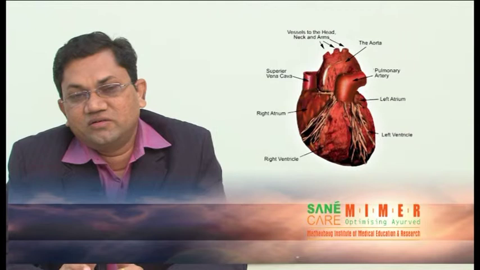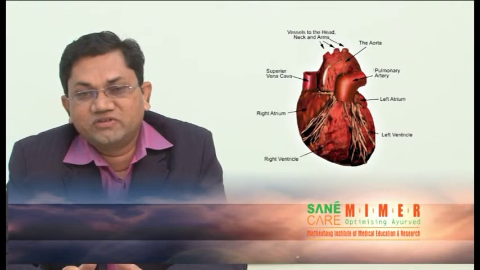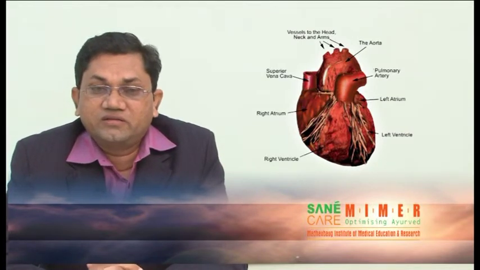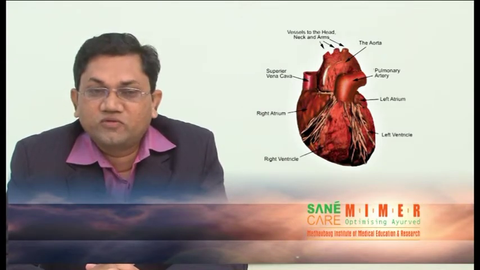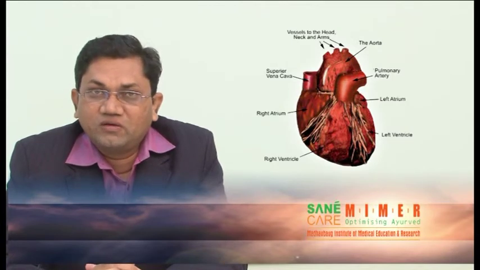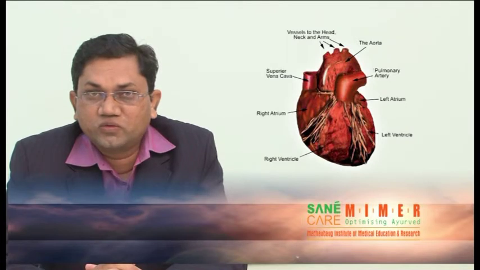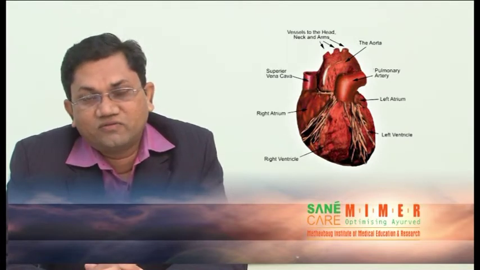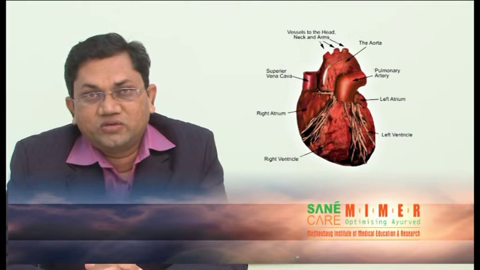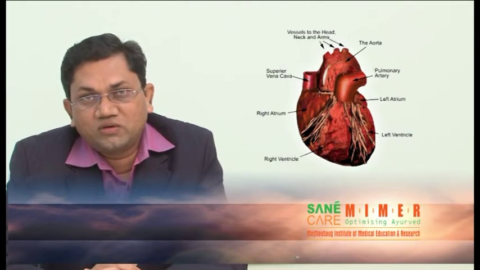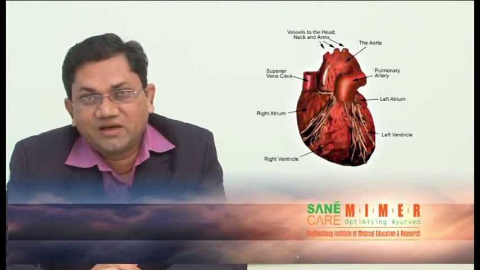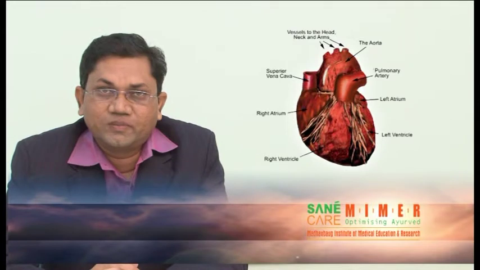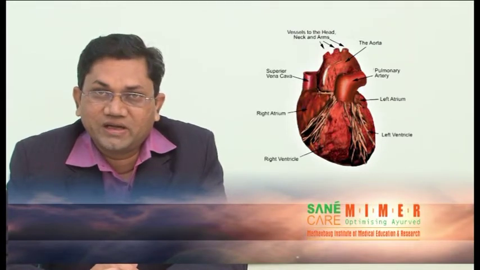Again, this slide will show you the details which I have just explained. The heart is composed of valves. There are two types of valves, atrioventricular valves and semilunar valves. Atrioventricular valves are those which separate the atria from the ventricles. There are two of them: the bicuspid valve, which separates the left atrium from the left ventricle, and the tricuspid valve, which separates the right atrium from the right ventricle.